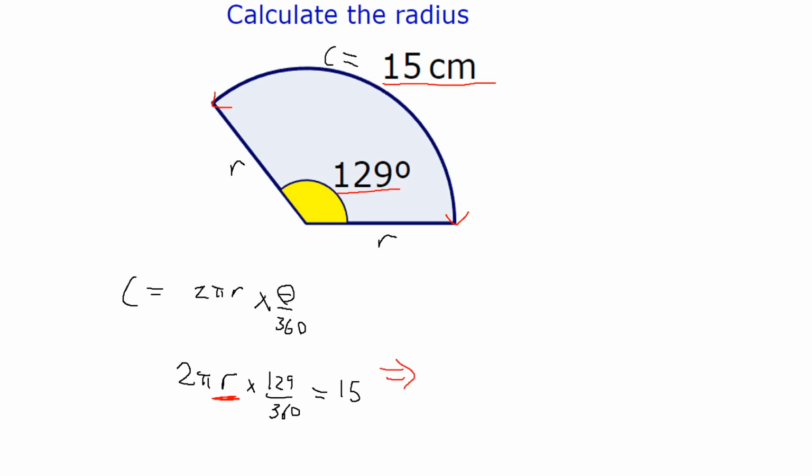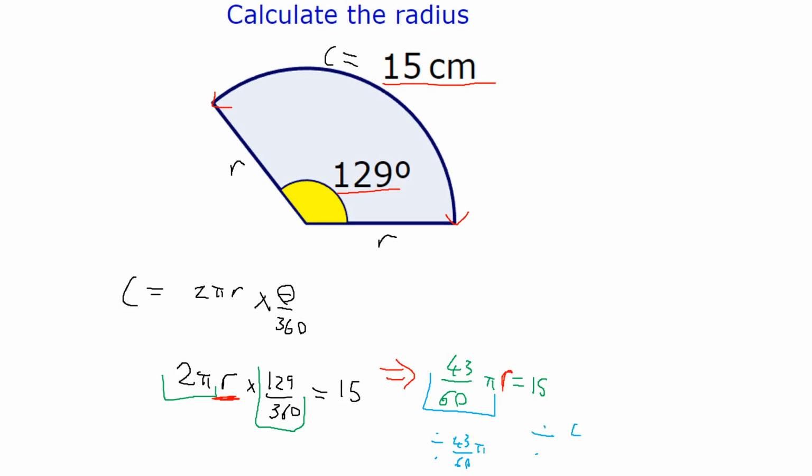If you multiply 2 pi times 129 over 360, you should get 43 over 60 pi, times r, is equal to 15. That's the important thing, you're timesing r. And now all we need to do is divide both sides by 43 over 60 pi.